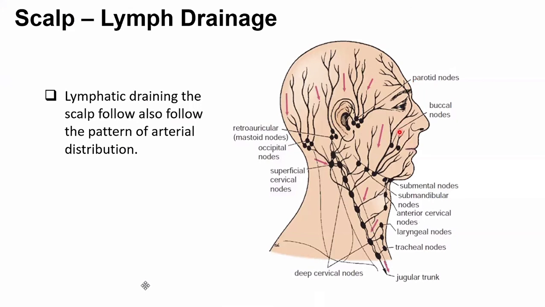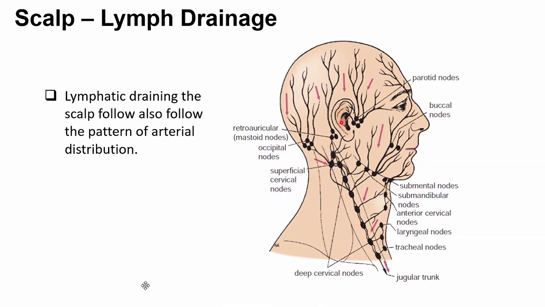Drainage in the lateral part of the scalp, your parotid, and also part of the retroauricular, they go to the occipital nodes and drain into the upper cervical nodes.